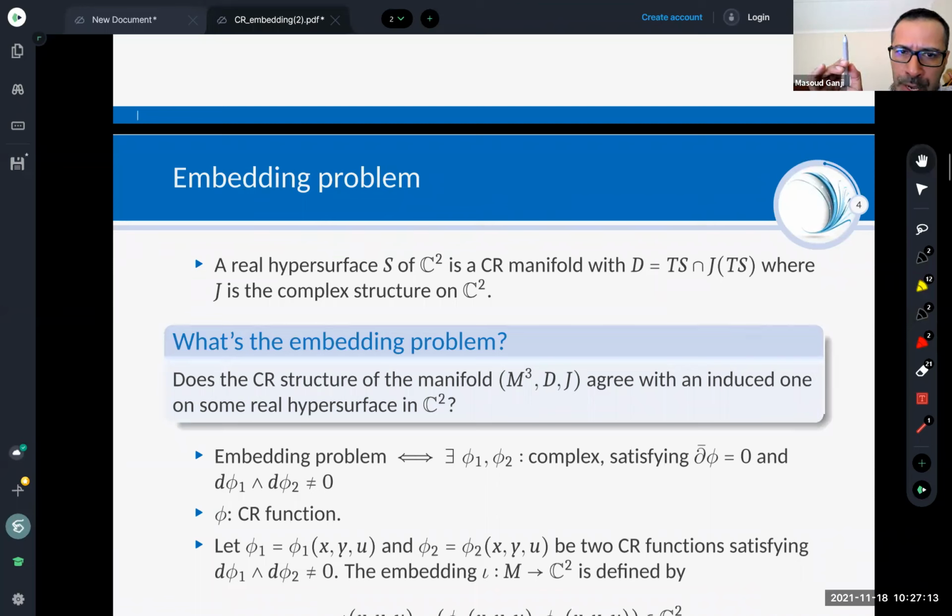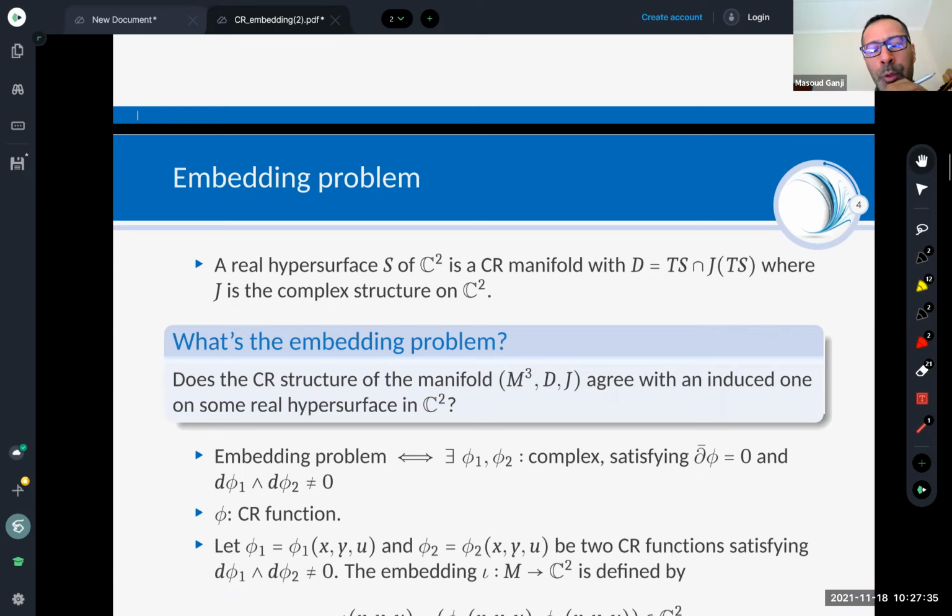Now, the embedding problem says, if we have an abstract CR manifold M, when does the CR structure of this M agree with the CR structure of a real hypersurface in C2? When do these two coincide?